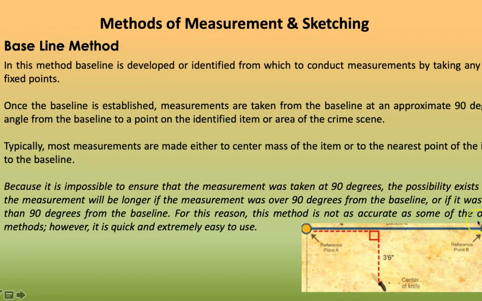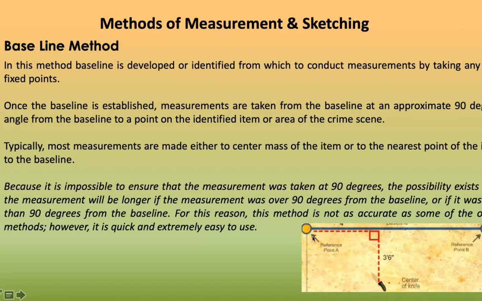So this becomes our baseline, and then we measure the distance from the baseline to the evidence, usually to the center mass of the evidence. But if the evidence is very long, then we can take two points of the evidence. So the first measurement will be of the baseline itself.